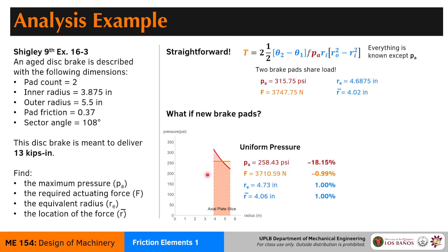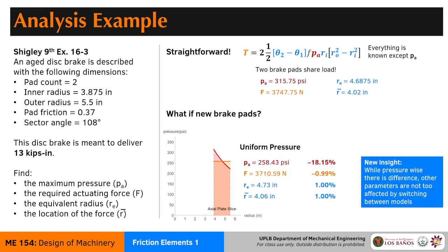So it kind of cancels out the difference. If you see here, look at the difference. It's really low, even though you have a much lower pressure limit. So yeah, that's new insights for this problem.